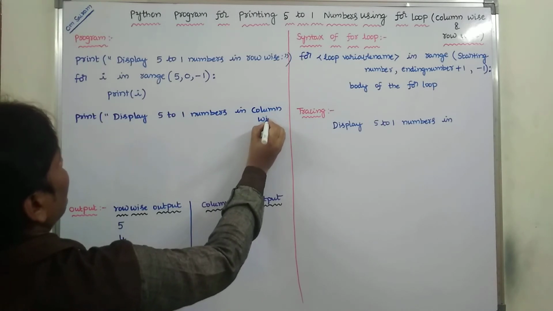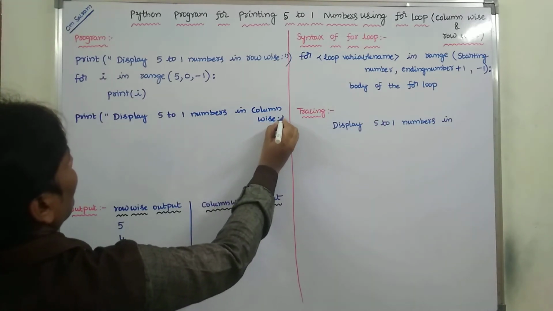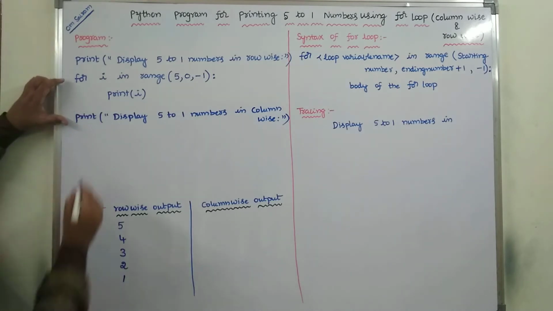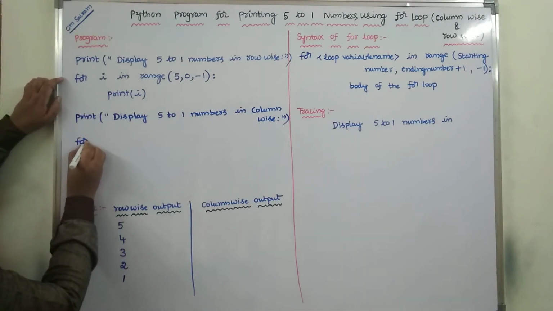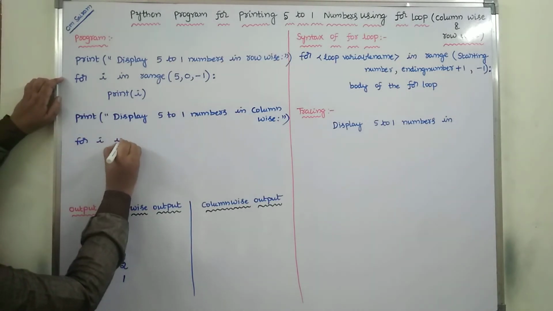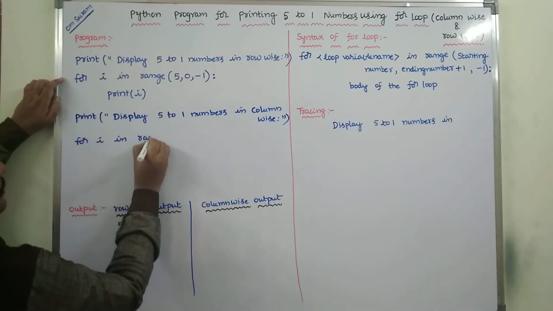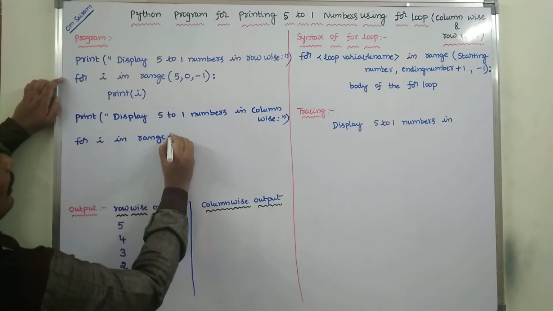In column wise. Okay. Now go to the for loop. For i in range(5, 0, -1): there is no change in the for loop.